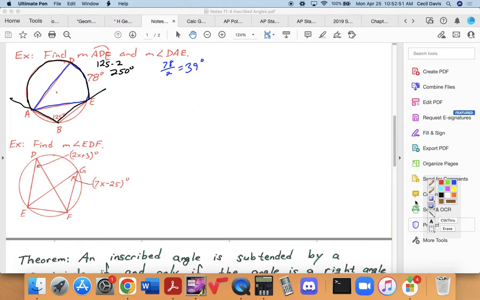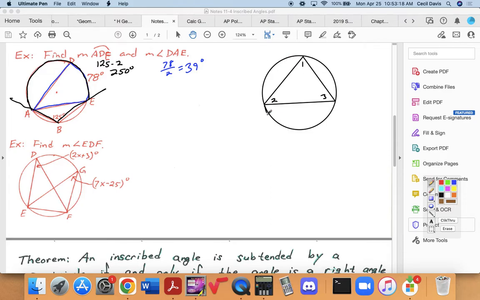By the way, it just occurred to me, again, you don't need to write this, but another way that you could show that the angles are half the arcs: let's say we had a triangle, just any old triangle, inside this. I'm going to call these angles 1, 2, and 3. What do angles 1, 2, and 3 add up to? 180.